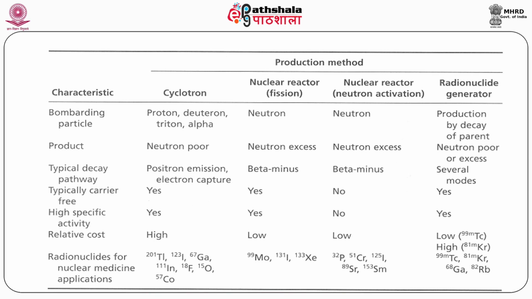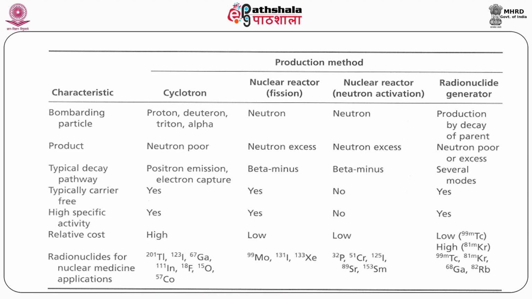Isomeric transition is there in case of molybdenum. And whether it is carrier free or not is a very important thing. It's carrier free in the cyclotron because the bombardment takes place on the target by proton or deuteron. In nuclear reactor also, sometimes when fission takes place, it is carrier free, but in activation it is not carrier free.